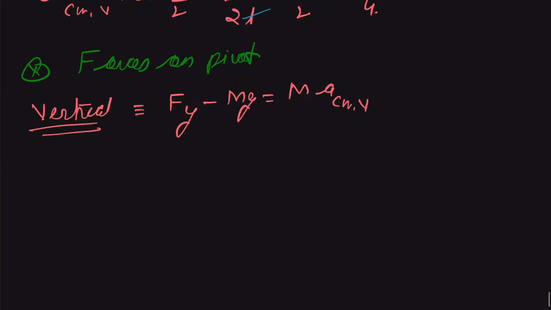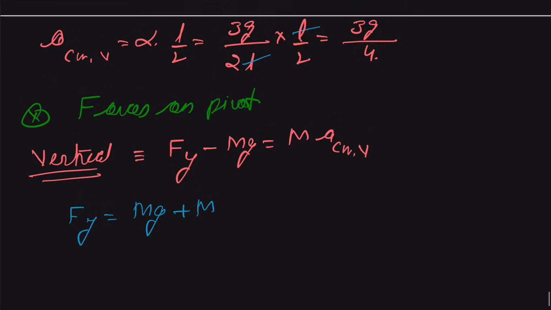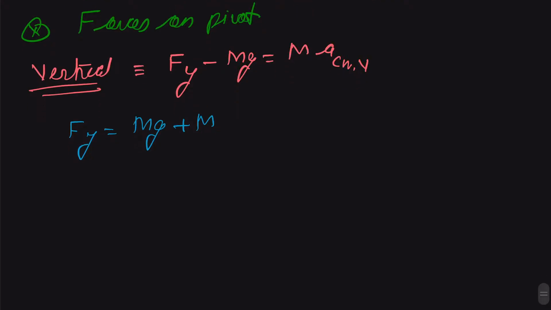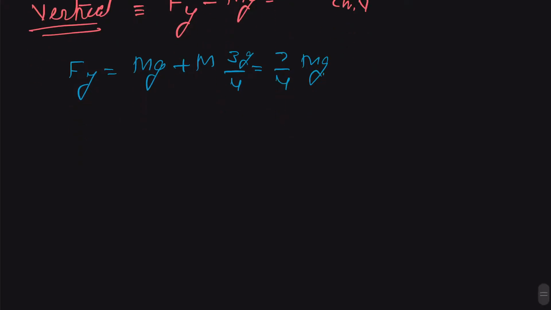Therefore we get that F_y will be equal to mg plus m times 3g by 4. So this gives us 7 by 4 times mg.